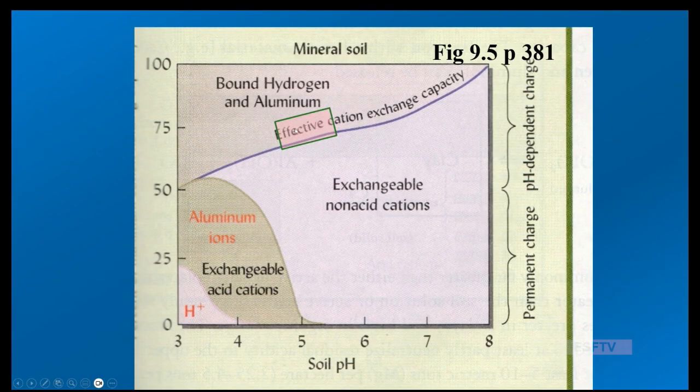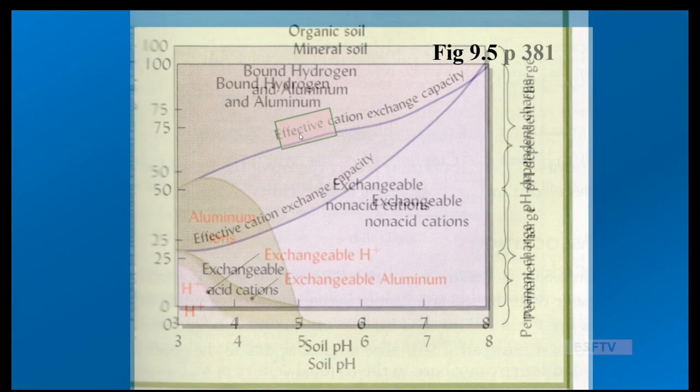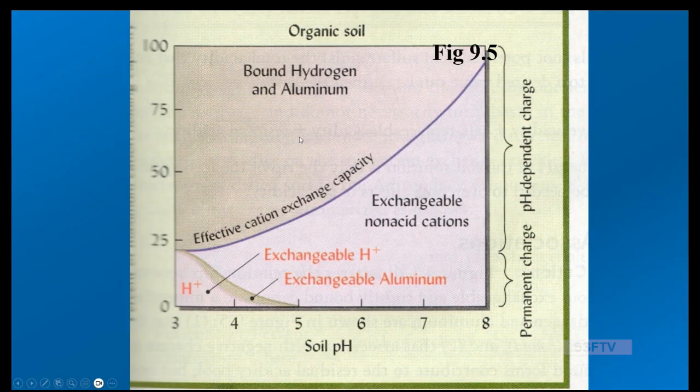Effective cation exchange capacity. Organic soils, all that charge is effective CEC. Right? And as we get higher and higher pHs, the exchangeable non-acid cations increase. Hydrogen and aluminum are bound here, and as you increase the pH, they become less problematic, less soluble.